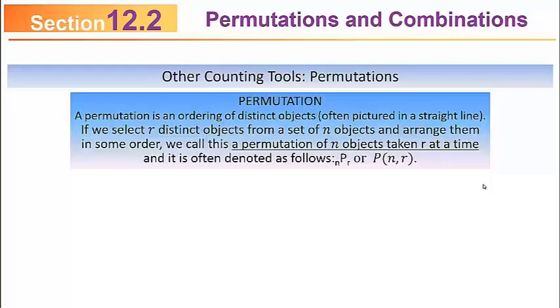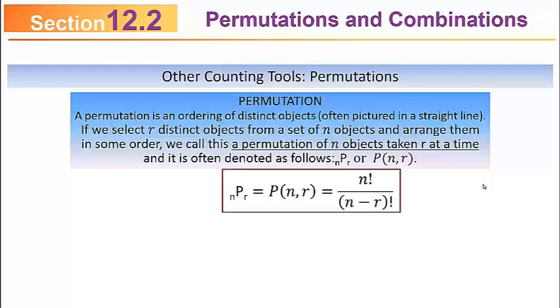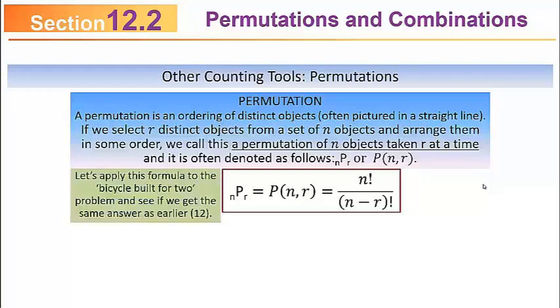Both of those notations are common ways to list a permutation of N objects taken R at a time. And here's the formula. The formula for that is N factorial up top and N minus R factorial down bottom. We're not going to prove this, but we're going to use the result nevertheless.